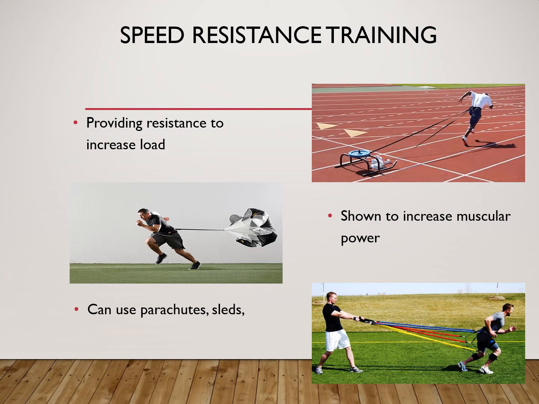And it has been shown to increase muscular power, but as you can probably notice from all the pictures on the slide here, all of the people running are in a position that would be more greatly associated with the acceleration phase. So these methods are probably best used for developing acceleration capabilities. So you can see we're already in that forward lean and using that triple extension. So they are a very useful method, but probably most effective at developing the acceleration capabilities.